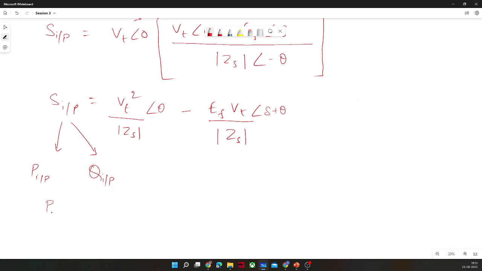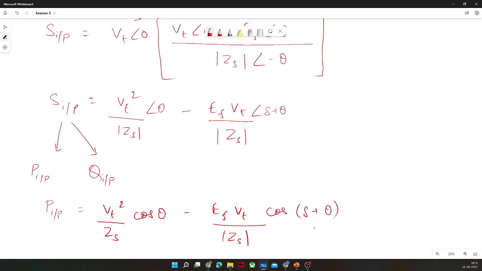So first I will calculate real input power. That would be Vt square divided by Zs cos theta minus Ef Vt by Zs cos of delta plus theta, right?